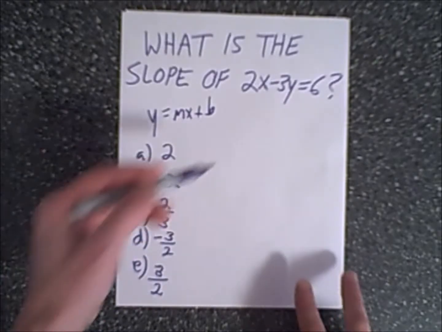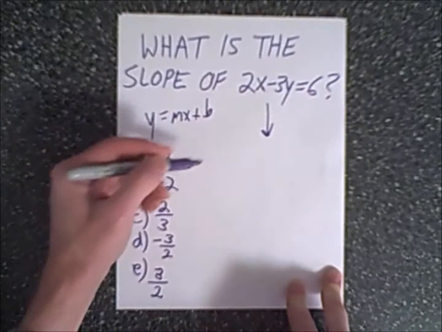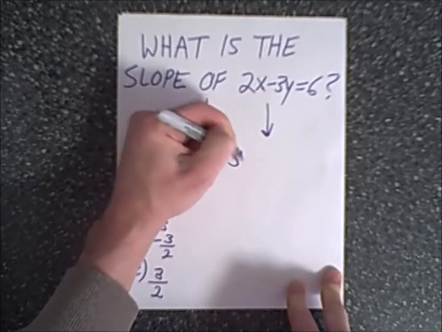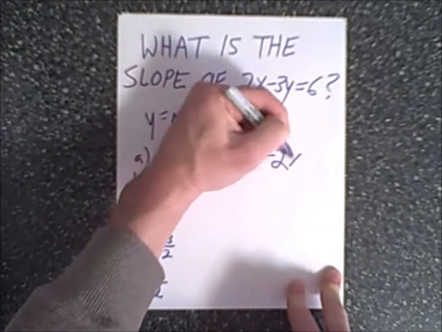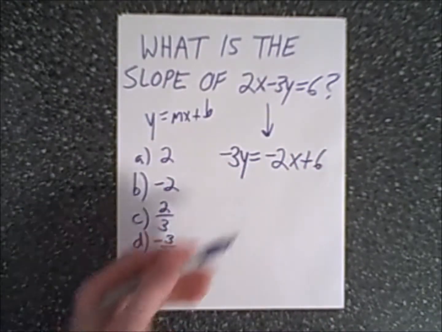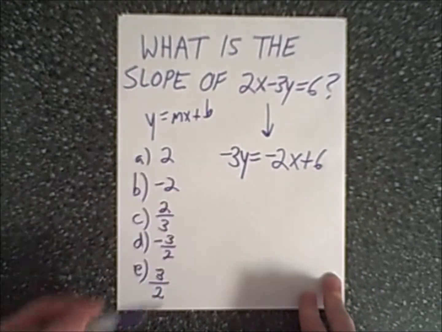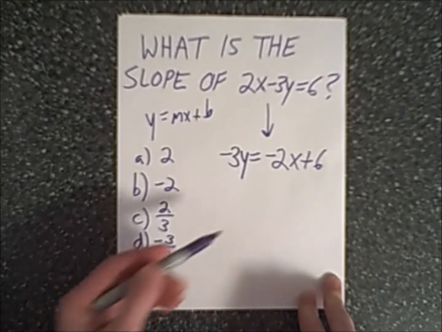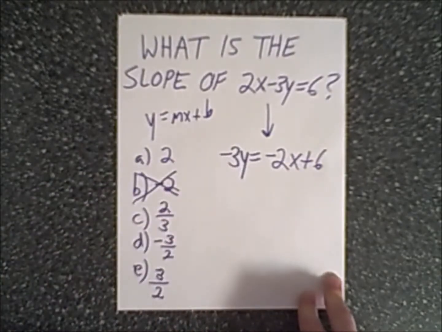So let's do that. Let's take this equation, and the first thing we'll do is subtract 2x from both sides. So we have negative 3y equals negative 2x plus 6. And of course you look at that and say, oh, wait, there is a negative 2 in front of the x. But again, we haven't put that in terms of y. So negative 2 will not be the answer, because the y has a coefficient as well.